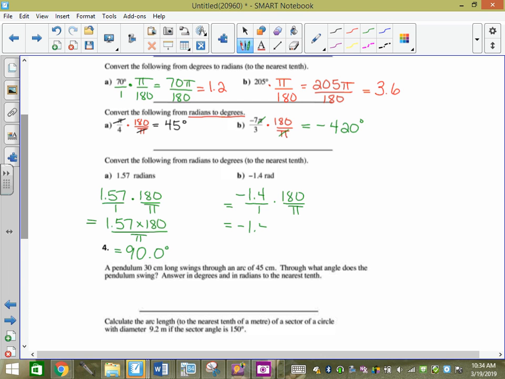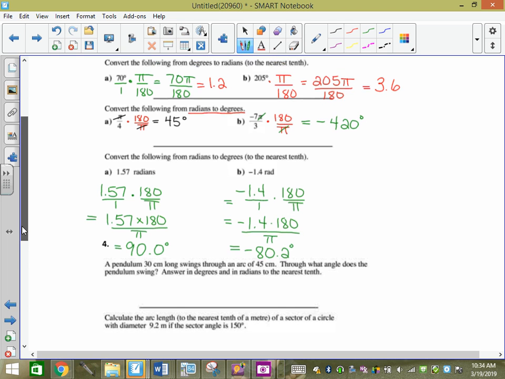Then we get negative 1.4 times 180 divided by pi. And what do we get? Just type it in. Negative 80.2 degrees. All right?